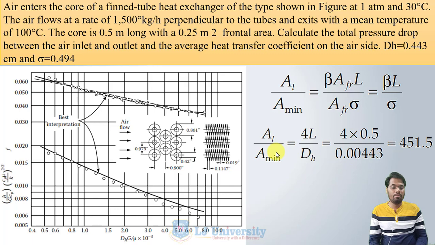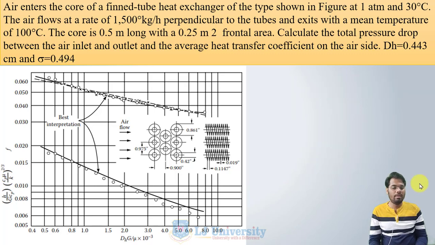Now we have the value of frontal area, which is 0.25 meters square. So A minimum is equal to sigma into AF: sigma is 0.494 into frontal area 0.25. So the value of A minimum, the area for the flow passage, is 0.124 meters square.